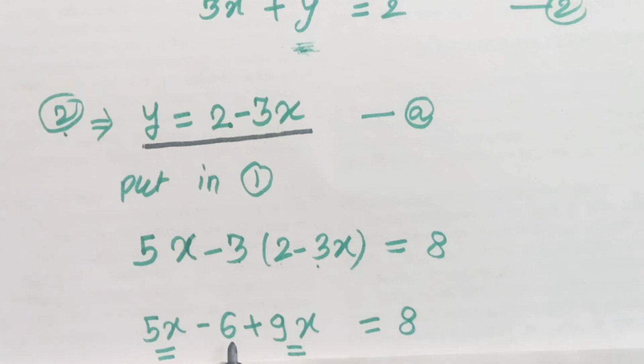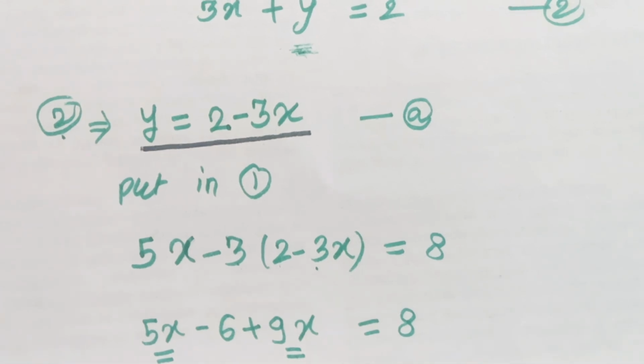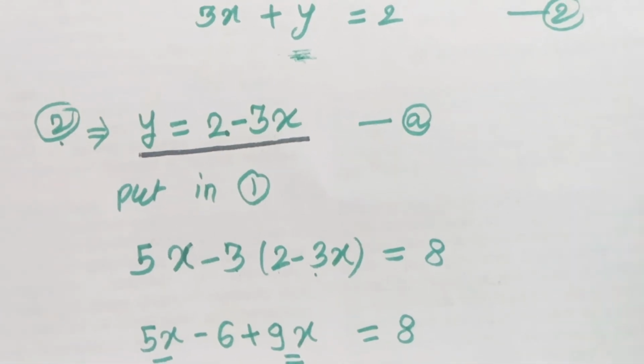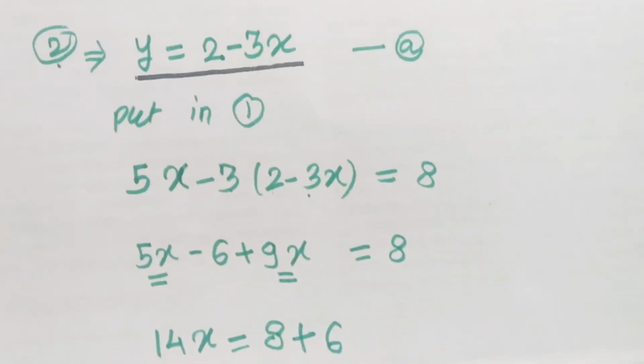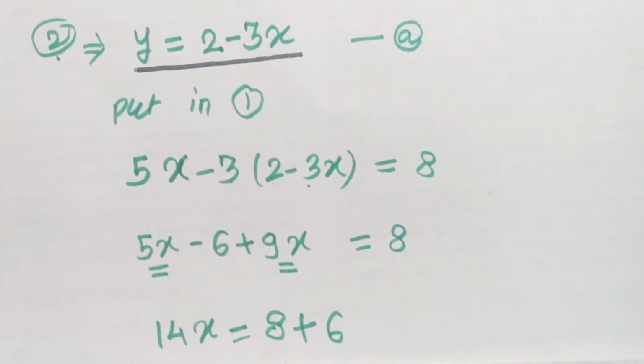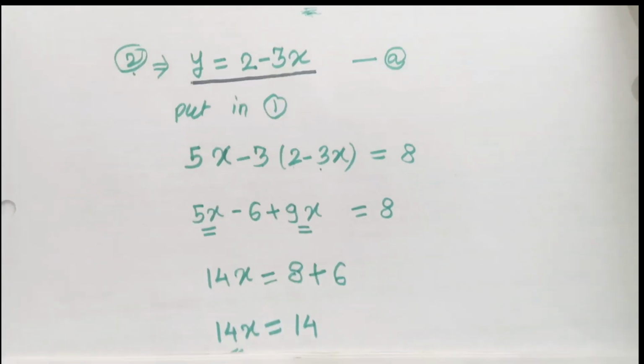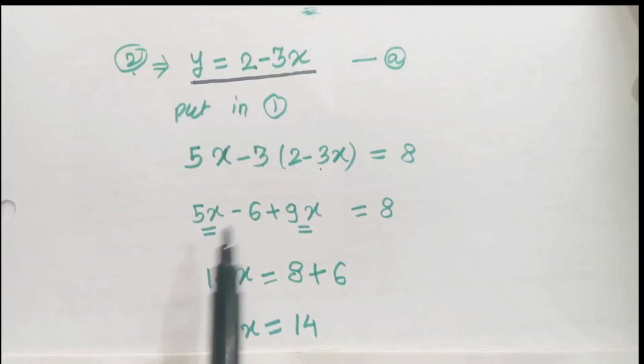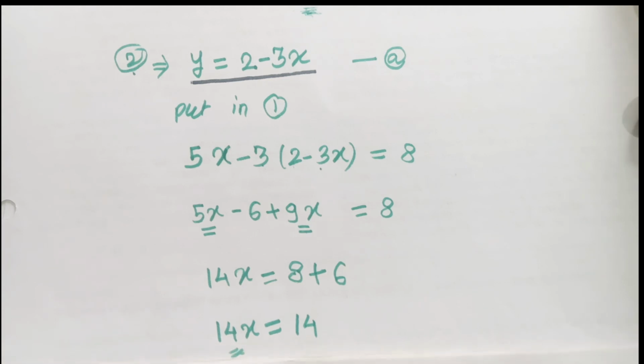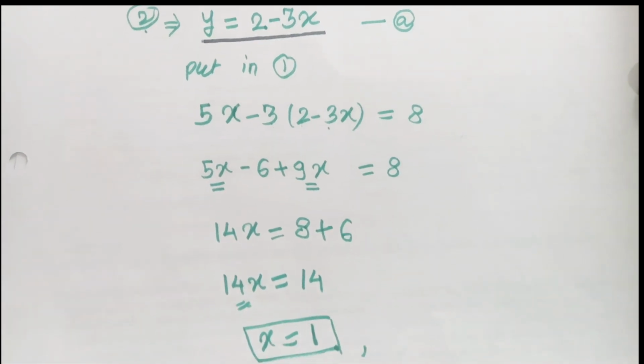Minus 6 shifts to the right hand side and becomes plus 6. So the new term is 8 plus 6, which is 14, and on the left hand side 5x plus 9x is 14x. Now divide by 14 throughout, and we get x equals 1.